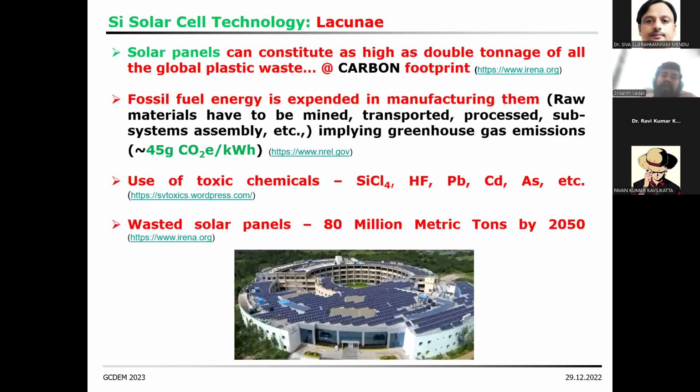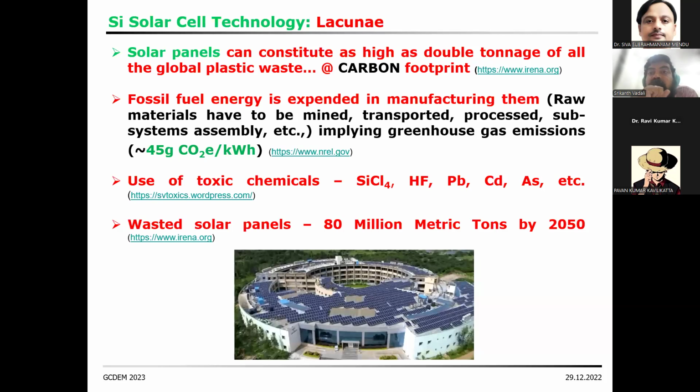Now, I'm starting with the examples, as I said, the silicon solar cell technology. What are the problems? These solar panels, once they are wasted, that means, let's say they are very well maintained and they worked for 10 years, and post 10 years they are not working, these panels become waste. And they can amount to as high as double the tonnage of all the global plastic waste.